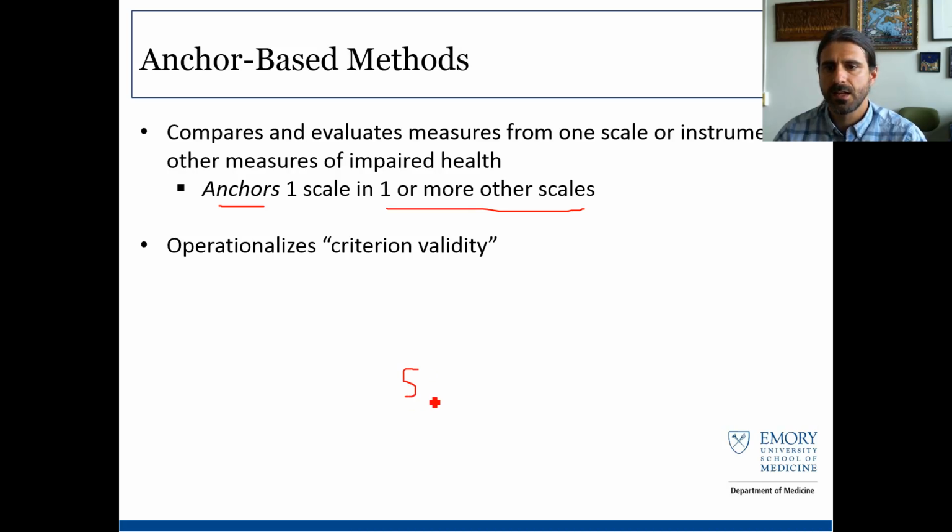Let's say we're trying to determine whether the SAT threshold of, let's say, a score greater than 1200 is important. Well, we could anchor this SAT score and the performance on it to other important measures using concurrent measures that are also considered important. So high school GPA, that's one we could anchor this in.